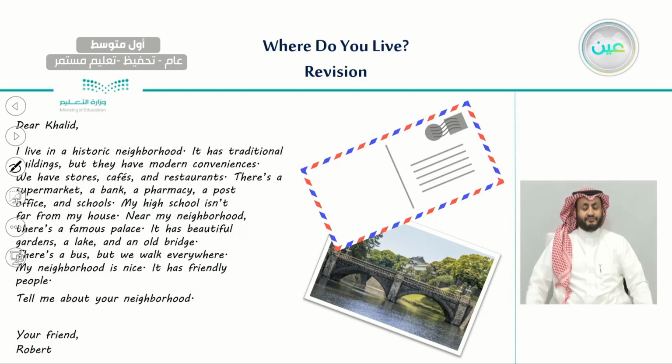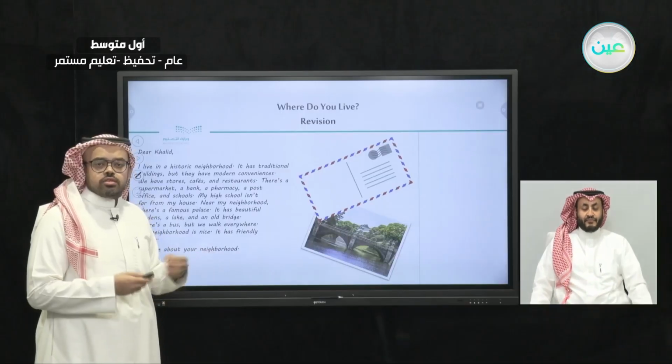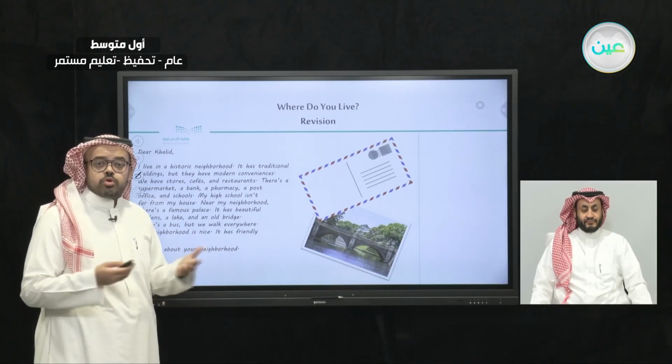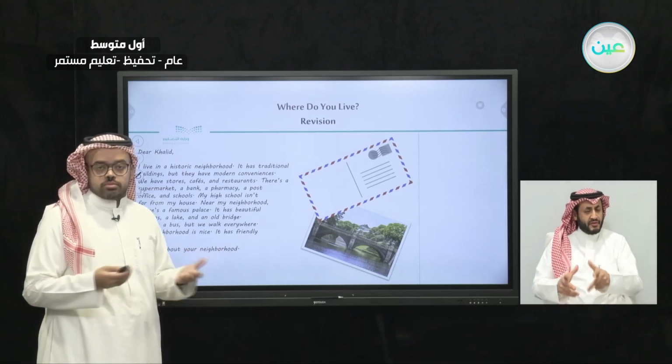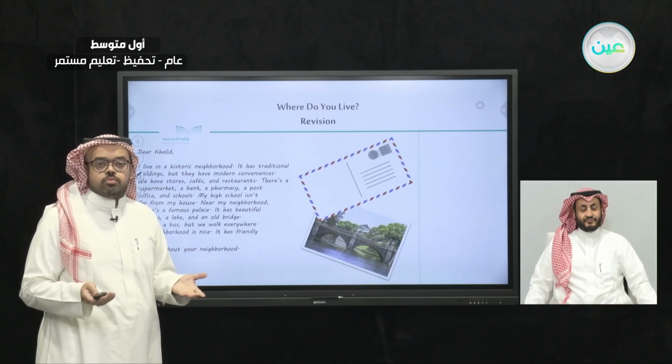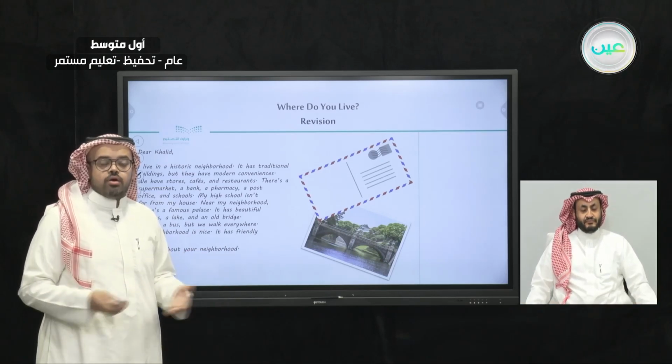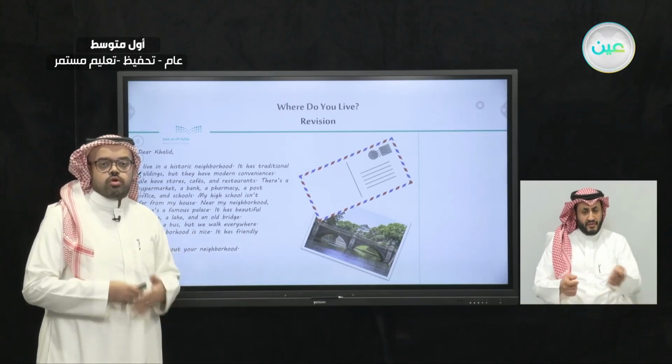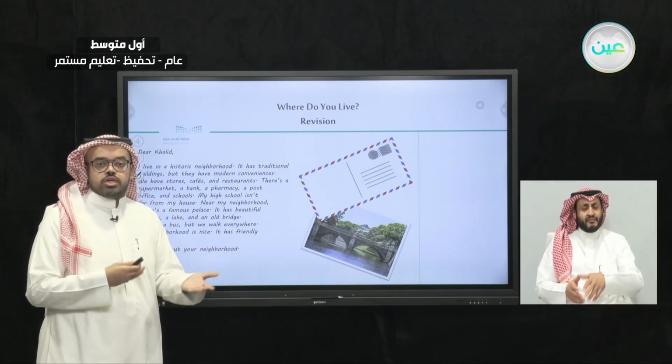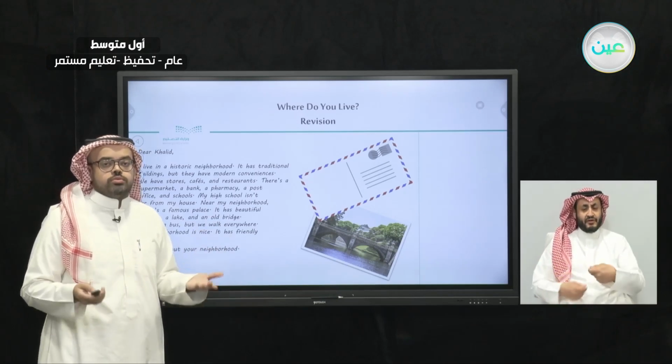So this is how we can write our letter, and we said that that letter was about the neighborhood, and that sometimes friends have someone they call a pen pal, who they write their letters or news to, and they exchange letters or email from time to time.